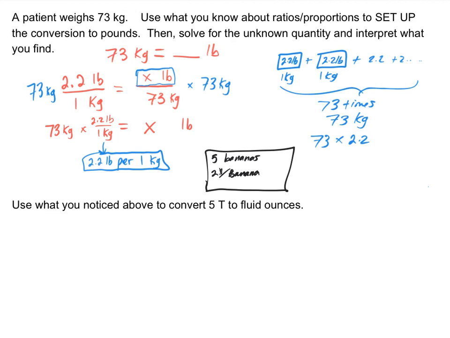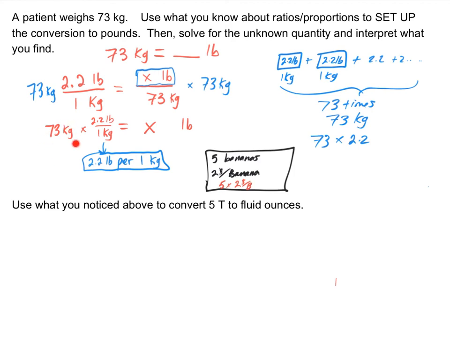It's 5 bananas, and each one is $2. So I would do 5 times 2. It's dollars per each single banana. That's exactly what we're doing here.